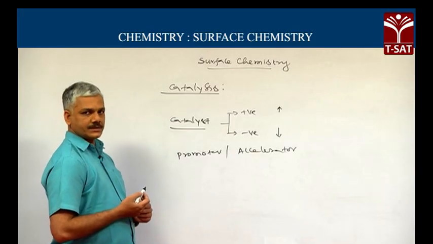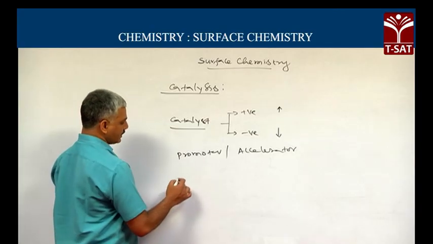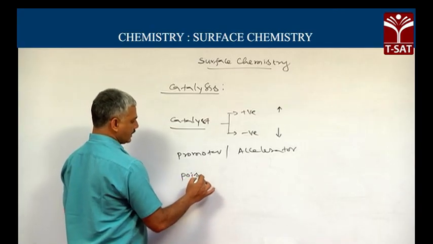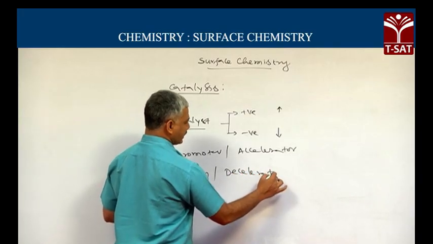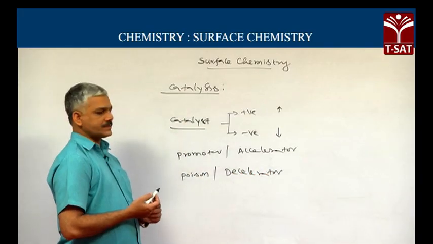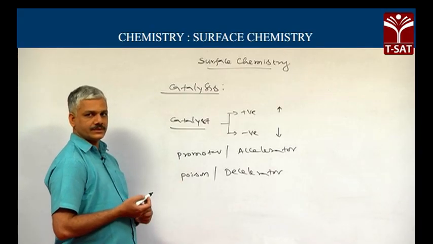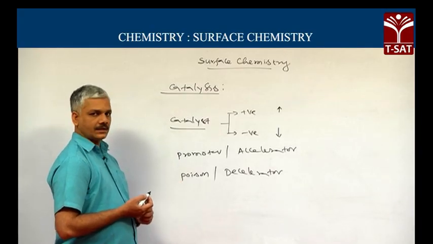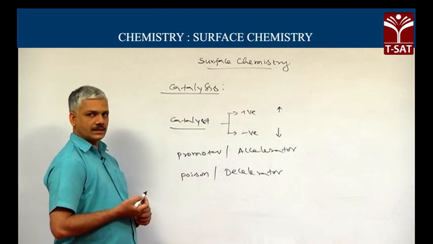Whereas, if a substance decreases the efficiency of a catalyst, then it is called a catalytic poison or decelerator. As per the requirement, a suitable promoter or poison will be selected either to increase or to decrease the efficiency of the catalyst.